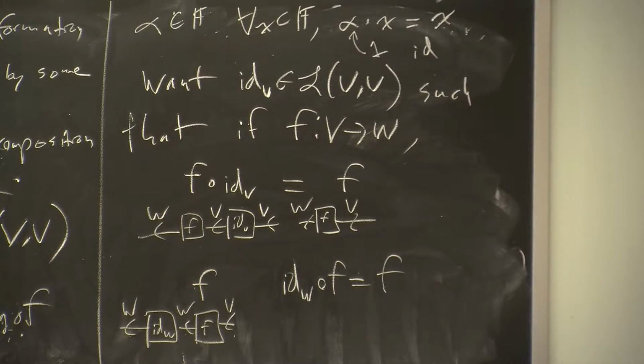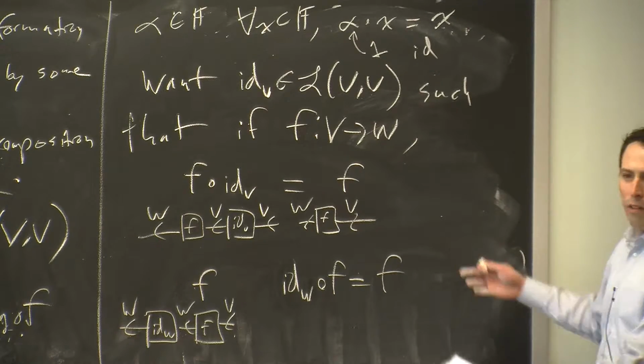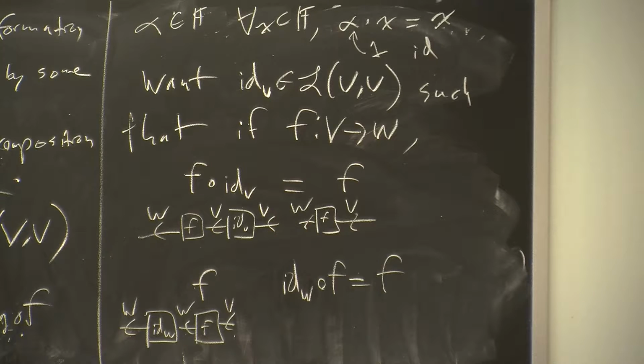There's kind of many ones. There's a 1 for every vector space, just like there's a 1 for every field.